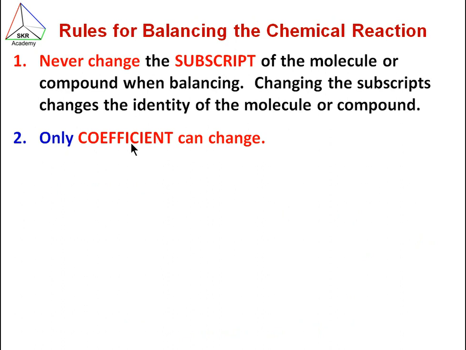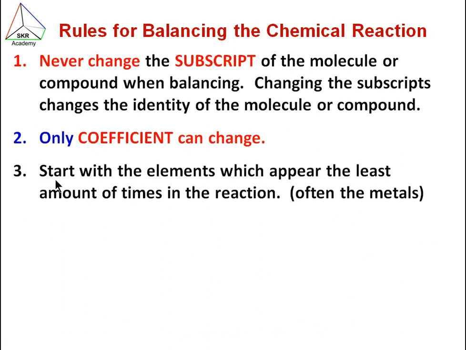Second, we can only change coefficients. Then start with the element which appears the least number of times in the reaction, often the metals. So we have to see which element appears the fewest times in the reaction, and we have to balance that first.